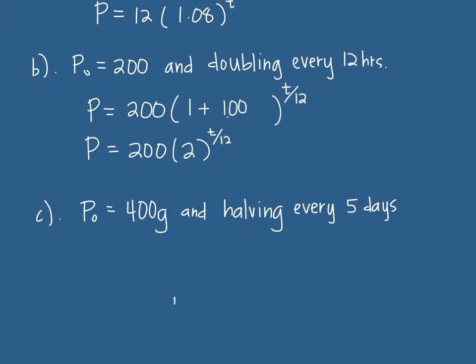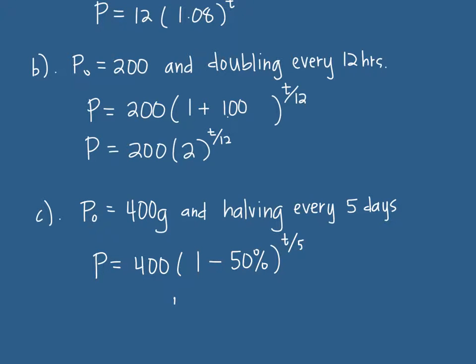Smaller. And so when we set up our population model, the 400 would be the original, and this would be 1 minus. And you got to think of halving as a percentage. How much is half? 50%. So 1 minus 50%. And then every 5 days would be t over 5.